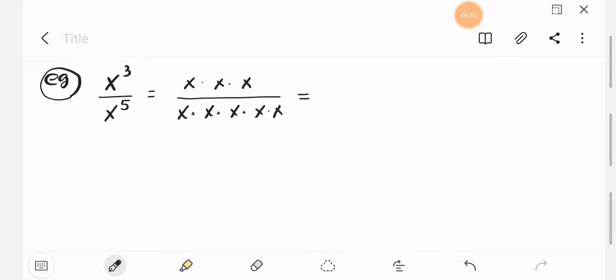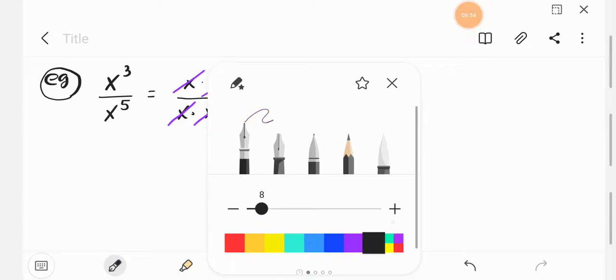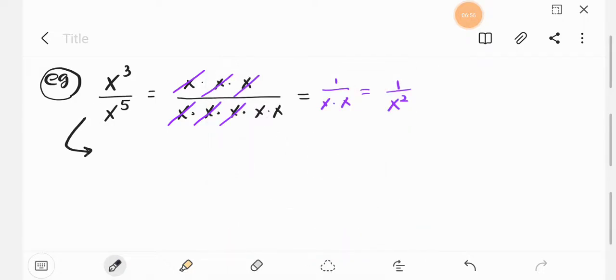Then how to simplify this? We will do the same thing. Get rid of each x from the numerator and denominator. So what we have is 1 over x times x. Then this is equal to 1 over x squared. All right, then let's use our formula, x cubed over x to the 5th power.